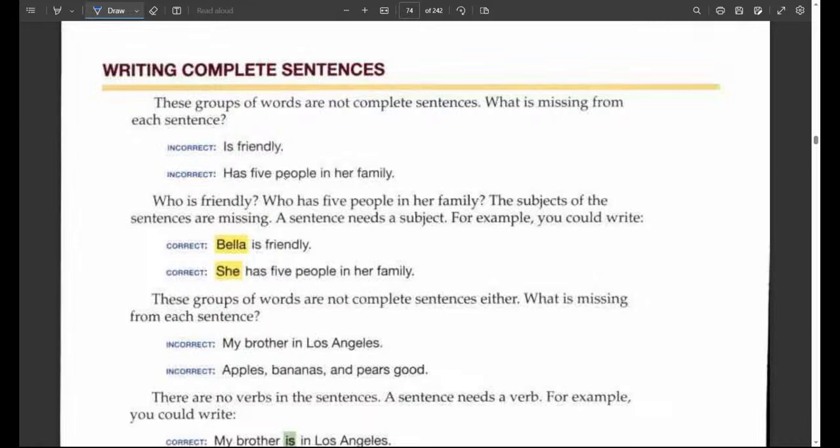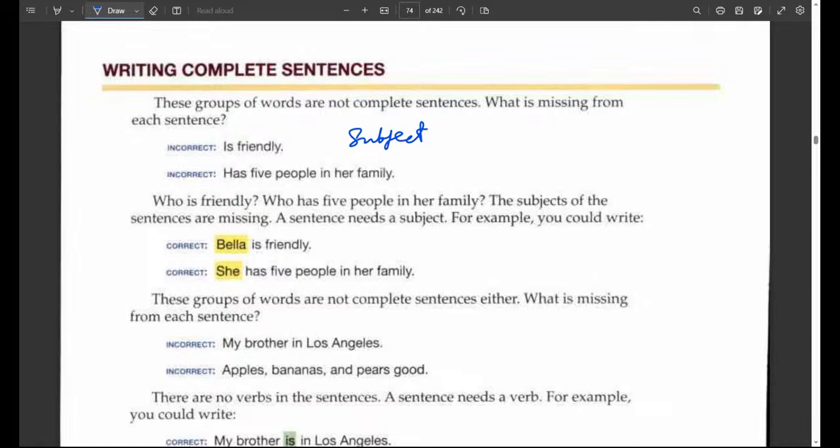Has 5 people in a family. So you see what is missing here. Is friendly, the subject is missing. Has 5 people in a family, the subject is missing.